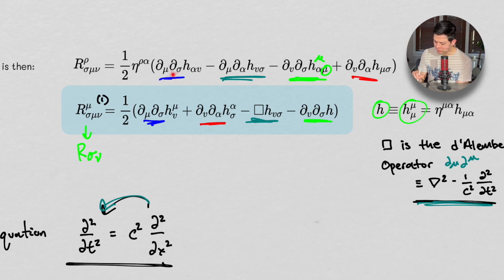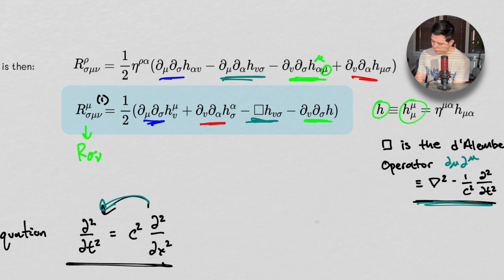We go everywhere and find everywhere where there's a mu, or where there's a rho. So here's a rho and an alpha. Here we have an alpha. I've underlined these in different colors, so let's take a look at the blue one here. We're not raising anything here because we don't have an alpha. In the red one, here we had an alpha and a nu, and we also have a mu and a sigma.